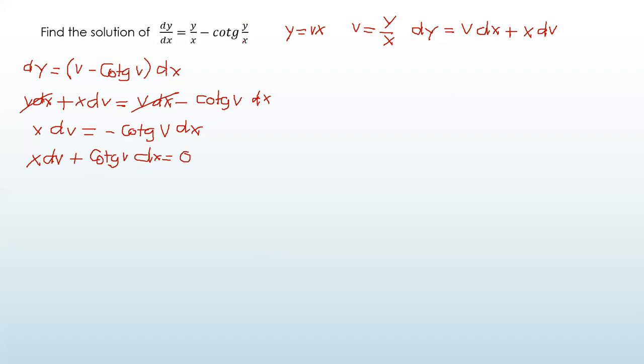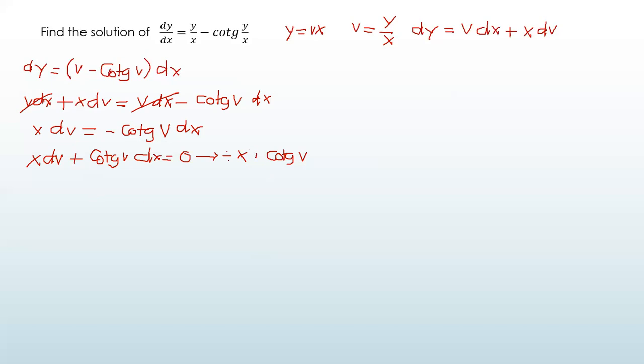And afterwards, the cotangent is cosine over sine. Now I'll divide by x times cotangent phi.